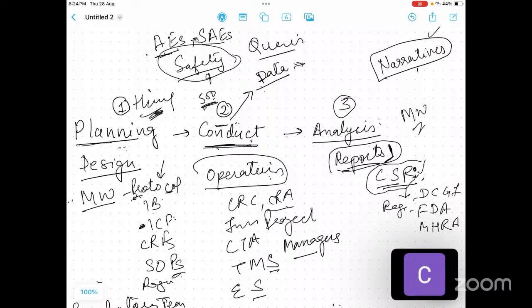All the pharma companies, all the CROs, they have narrative writing teams, and this is a role which, you can say, moves between PV as well as medical writing. You can switch easily. So as a beginner, why I'm telling you about narratives is that sometimes you see a job posting for a safety narrative writer.